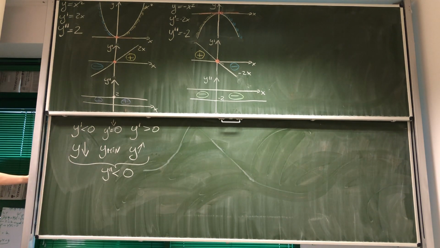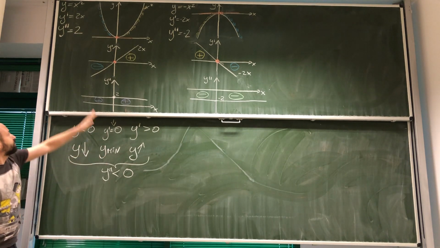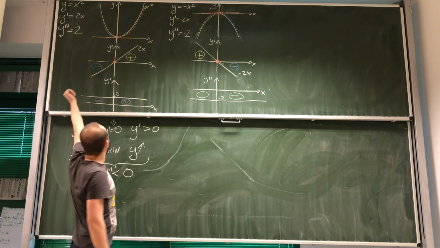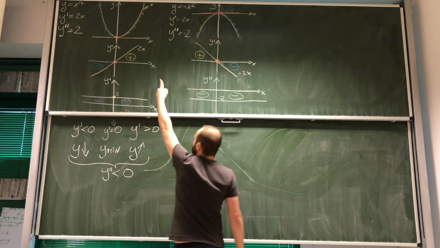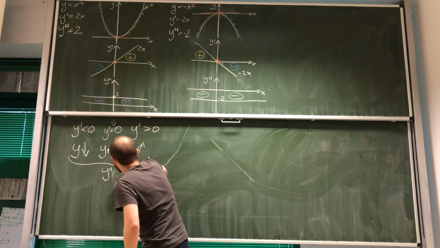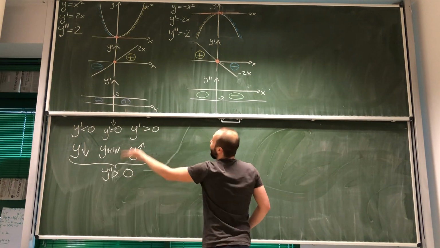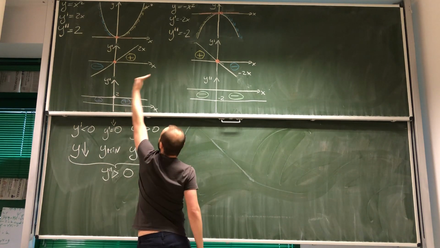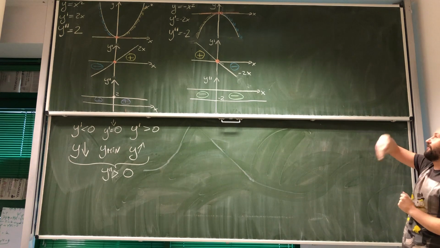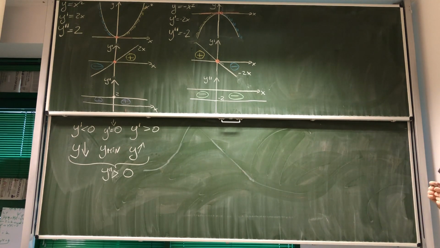And if the second derivative is positive, we know that the first derivative has 0 in the middle. It means that the derivative must be changing sign from negative to positive, which assures us that we will have an upward sloping derivative, which means we have a minimum.